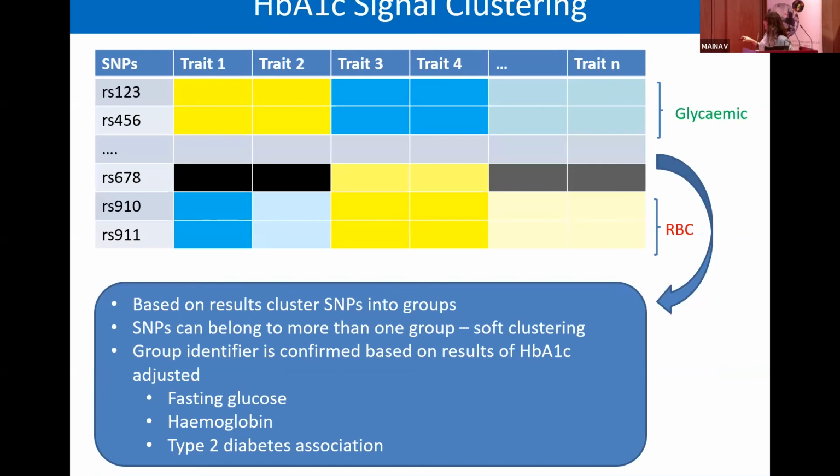And then to confirm the label for that cluster, we took advantage of some of our samples having both HbA1c and fasting glucose measures or hemoglobin, and we could do HbA1c conditional on fasting glucose and see how that affected the effect size to further explore whether the mechanism of association with HbA1c was mediated through fasting glucose or hemoglobin. And we could also look at type 2 diabetes association results.